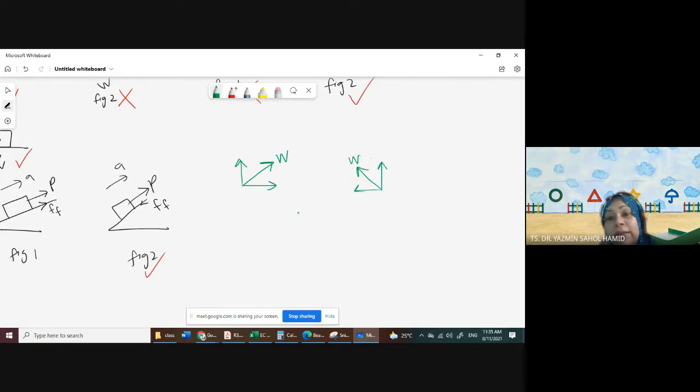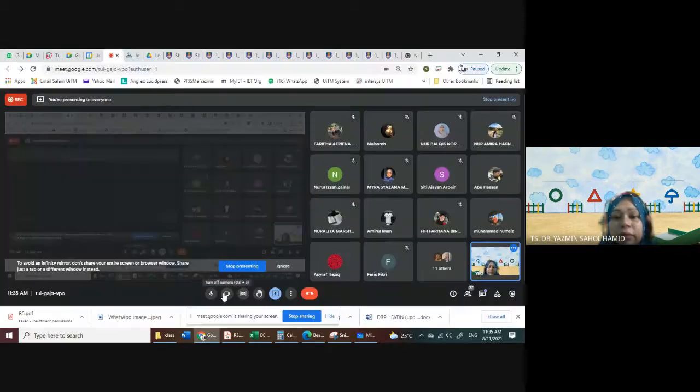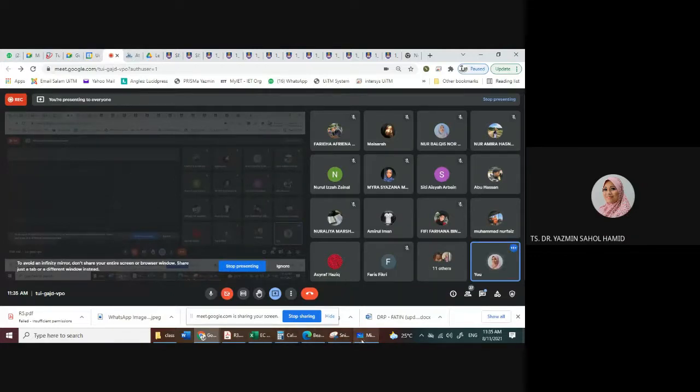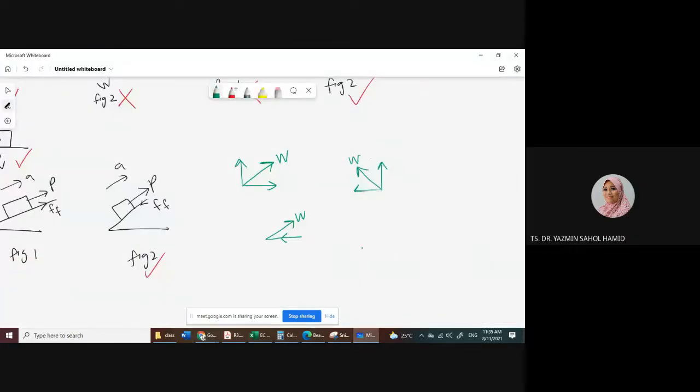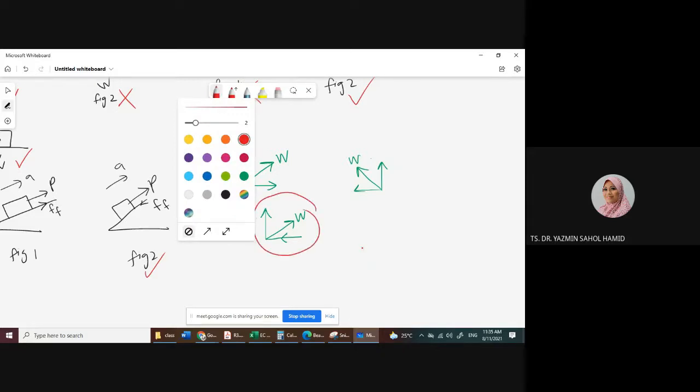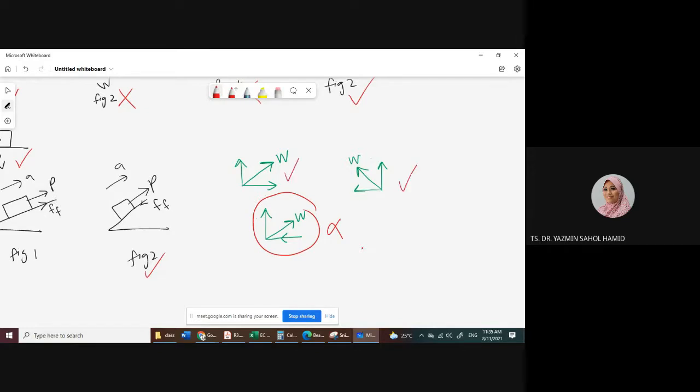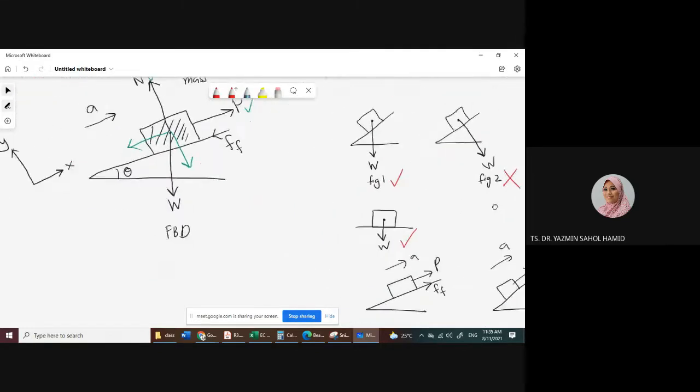Do you understand? You cannot have this kind of direction. This direction is incorrect. This is correct.